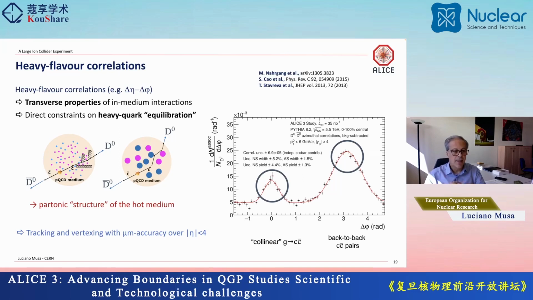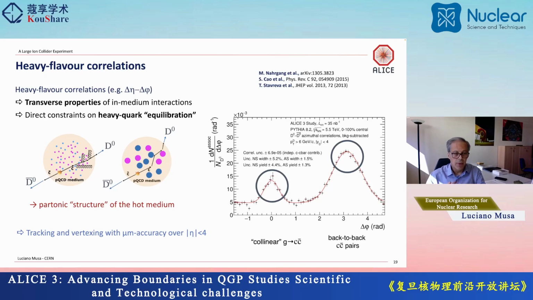And in particular, we studied now, in the context of this letter of intent, the D0 D0 bar correlation. Now, the heavy flavor correlations will allow, again, providing unprecedented constraints on the effect of the interaction with the medium and on the transverse propagation of the heavy quarks in the medium.